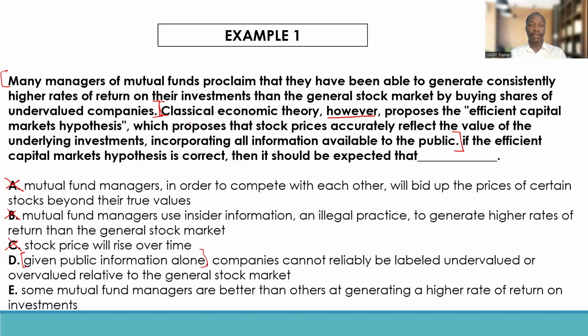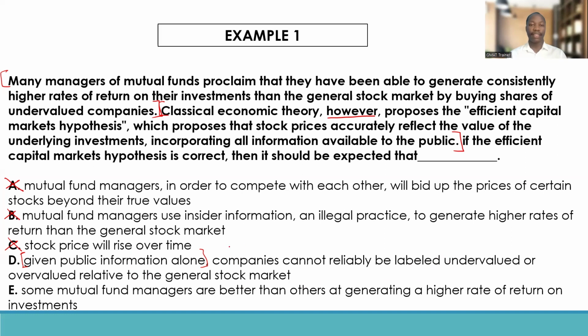So this agrees with the classical economic theory, which tells us that the value of that stock market will be reflected, or all information will be available to the public, right? So then companies cannot really be labeled undervalued or overvalued relative to the general stock market.